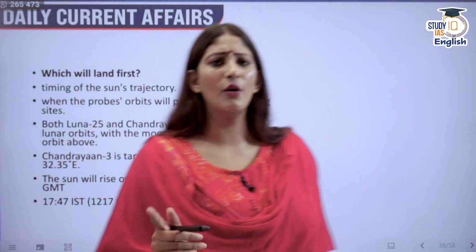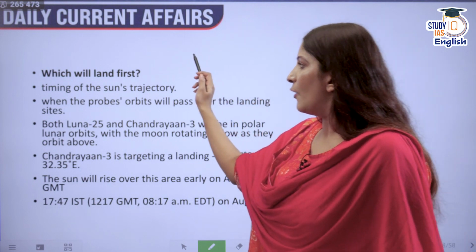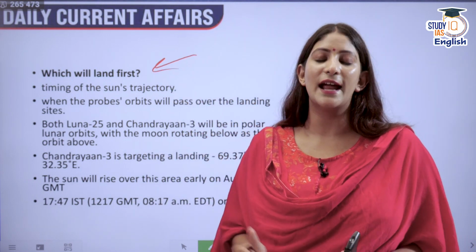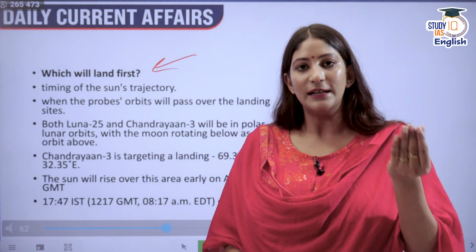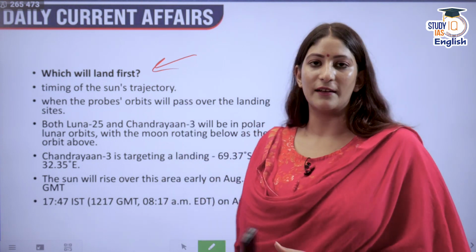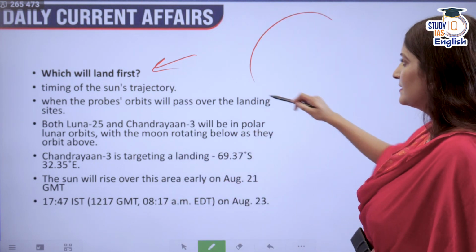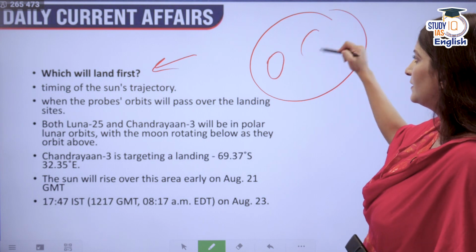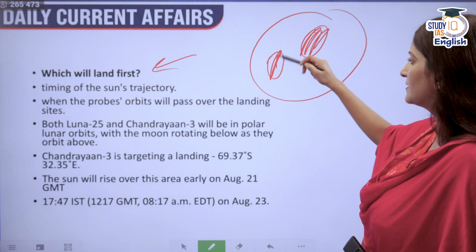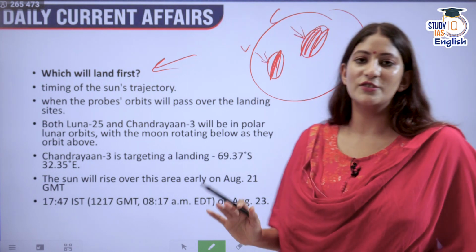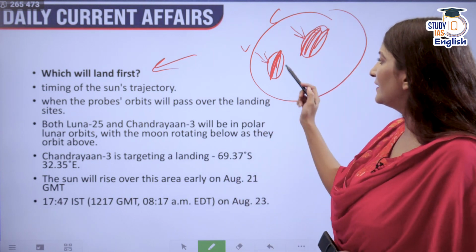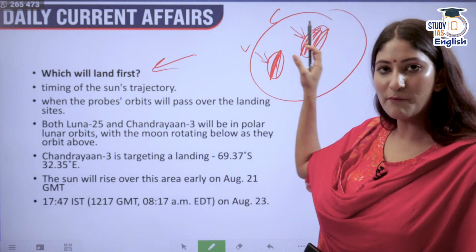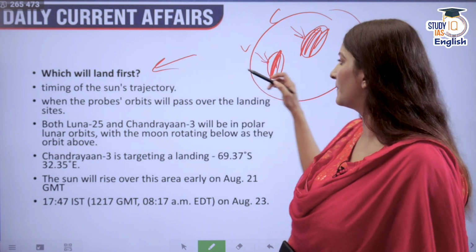Okay. Also, we have to keep in mind that which lander will land first depends on the trajectory of the sun. Because this is the moon, these are two important areas. Supposedly this is the landing spot of Luna, and this is for Chandrayaan. Okay, and then we have to understand that the importance of the sun is very immense over here.